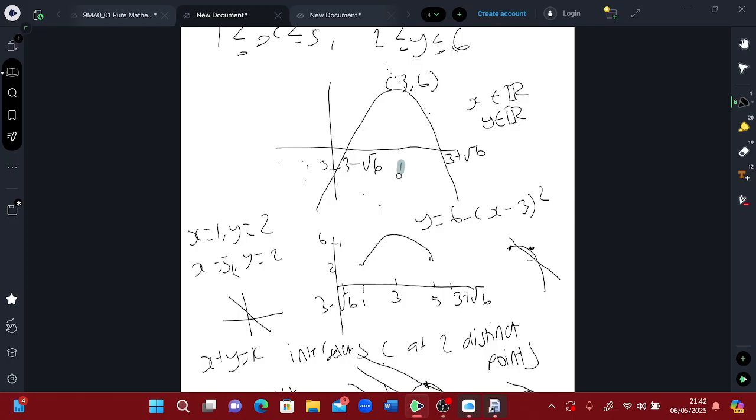I think it's the 2024 or 2023 paper, I'm not sure, but it does come up time and time again with questions like this, which really test your knowledge. So you really have to understand domain. You need to understand the discriminant, and when you cannot use it.